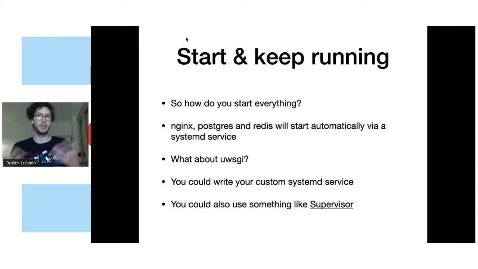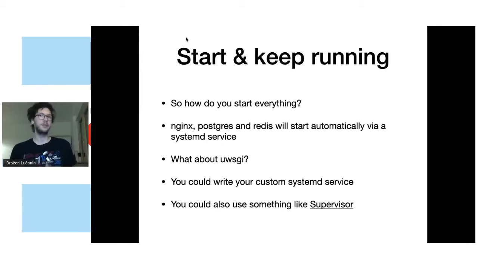So now let's say you've set everything up. So how do you start it? Some things like nginx and Postgres, your operating system is going to start up automatically as soon as it's up. So let's say you use an Ubuntu VM, it will just start up these services. But what about your Python server? So say you use uwsgi.